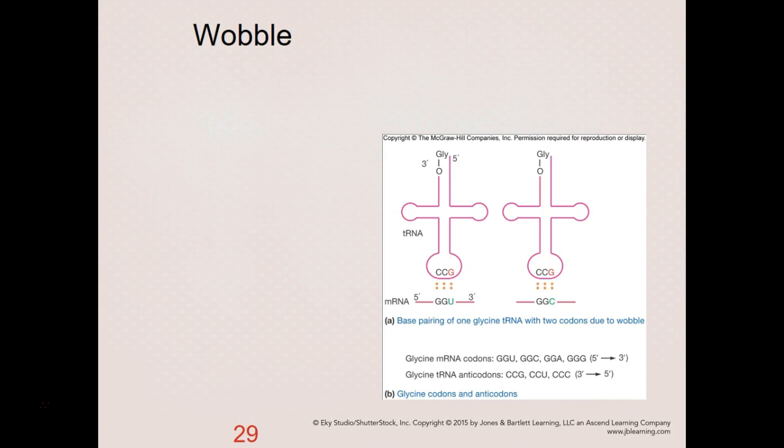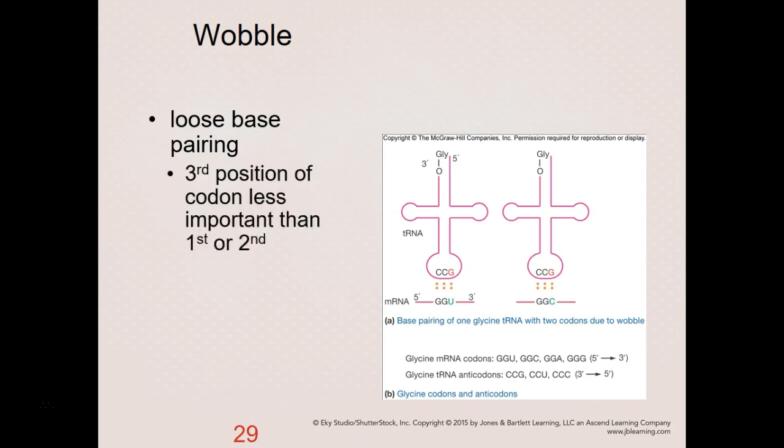This leads us to the wobble hypothesis. The wobble hypothesis states that the last nucleotide is very loosely paired, and that allows different nucleotides to fit into that third spot and still produce the exact same amino acid.